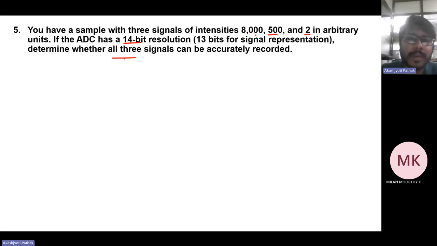So you can calculate 2 to the power 13, and you can get the maximum intensity that can be recorded. Depending on what the maximum intensity is, you can tell whether these intensities can be recorded using this number of bits.